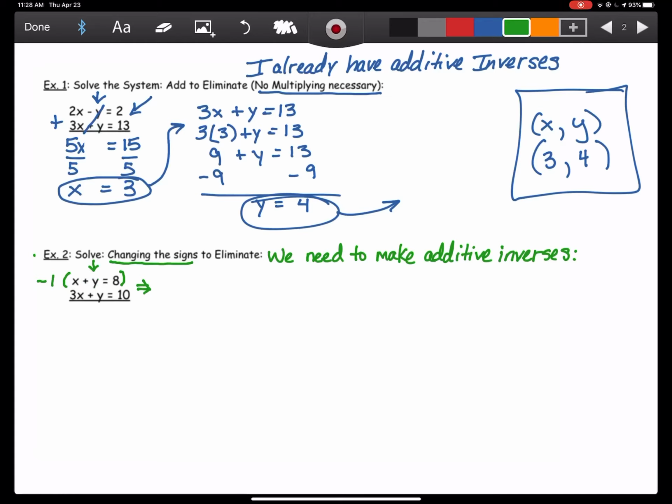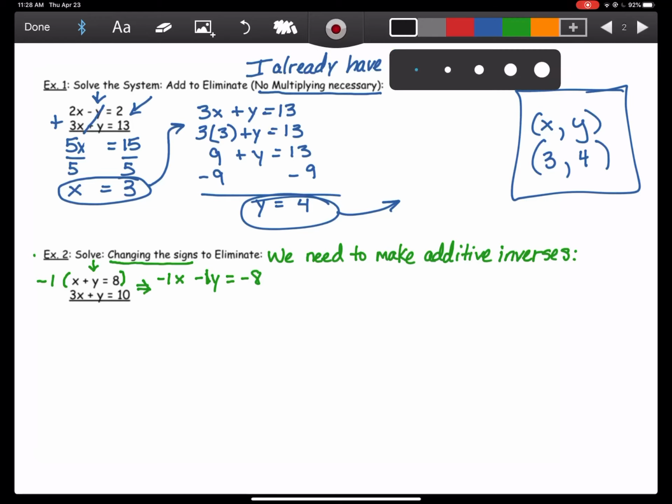Okay? All right. So -1 times x is -1x. -1 times positive y is -1y. -1 times positive 8 is -8. Okay? So that one has now been multiplied, distributed to make it look different. It's still the same equation, okay?